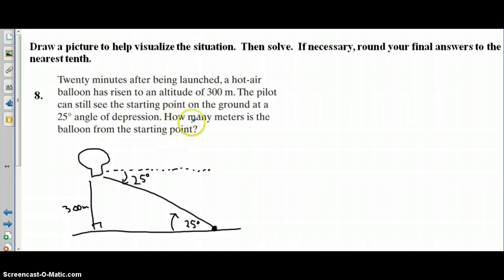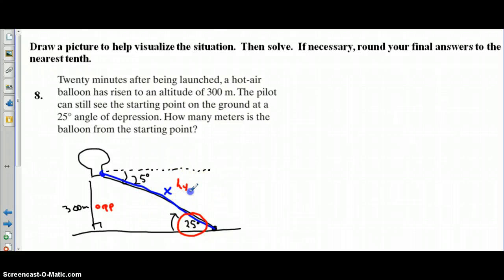Now, in this scenario, the question is asking us to find how many meters the balloon is from the starting point. And so here's our balloon to our starting point down on the ground. So if we want to calculate that distance, we can label that as x. And so using our reference angle of 25 degrees, the 300 meters is across from that, so that is the opposite side. And the unknown distance is across from the right angle.